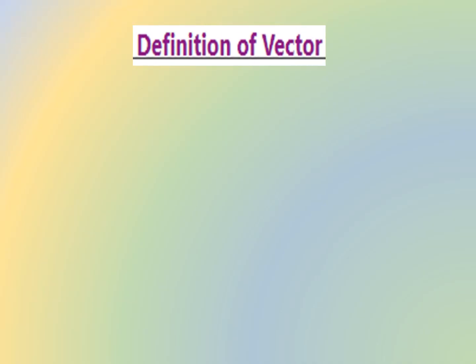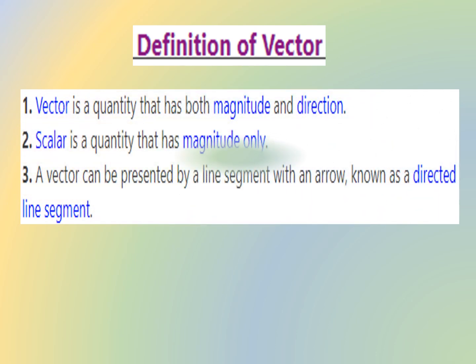Definition of vector. Vector is a quantity that has both magnitude and direction. Scalar is a quantity that has magnitude only.